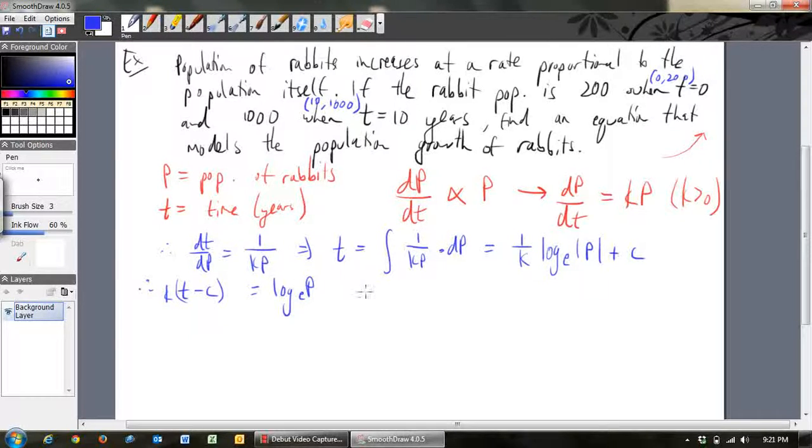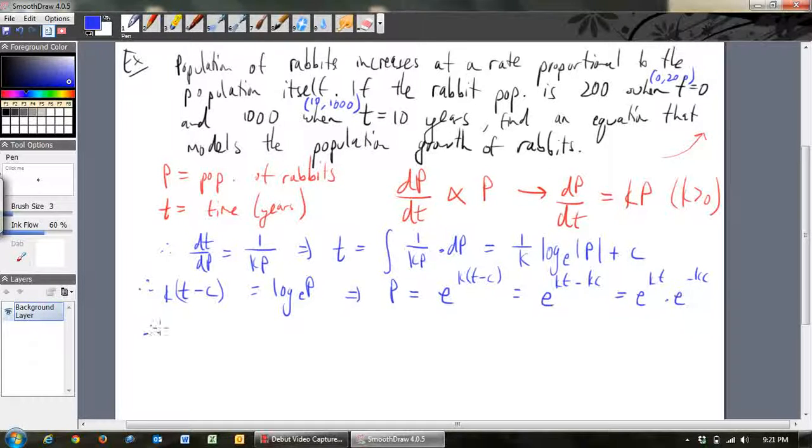So that'll be just log e P. Therefore P is equal to e to the kt minus C, or e to the kt minus kC. Now this is all just constants, we've got a k and C. So that's just equal to e to the kt times e to the negative kC.